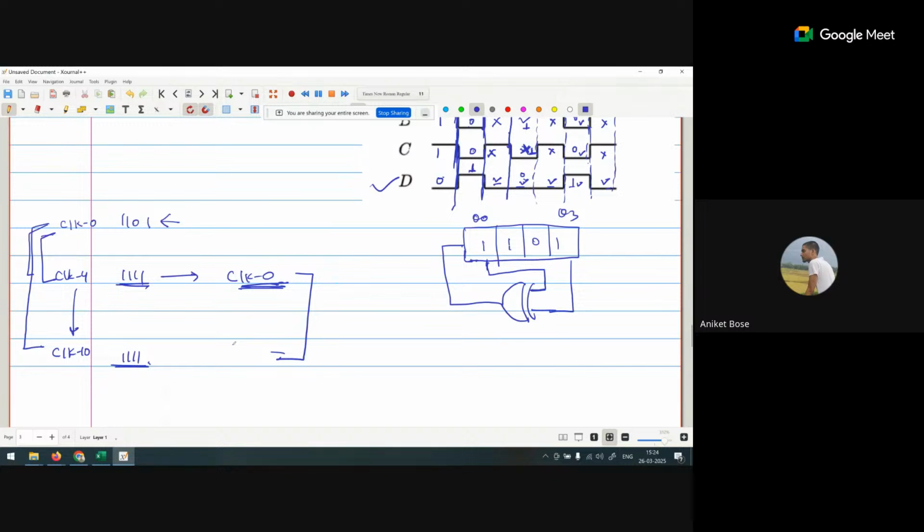After a certain clock pulse, you have to right shift, and after a certain clock pulse you are getting 1111. Now according to the question, you have to consider this as the initial clock or starting of the clock. From this one, you have to identify how many clock pulses are required to regain the same 1111 value. Yes, sir. But how do we do that? Do you have to dry run the thing?